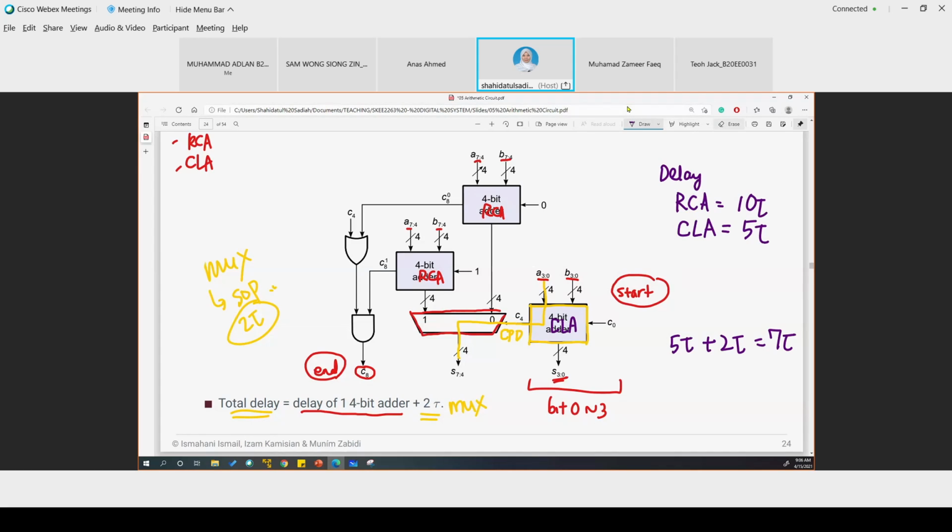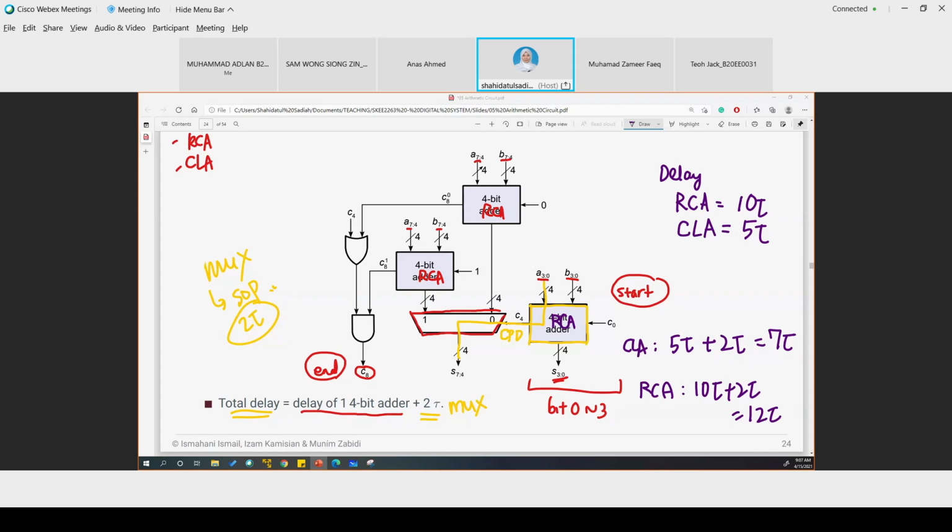If this is RCA, for example, then you will calculate it as 10 tau plus 2 tau. That is 12 tau. Carry select adder, that's all. Not that hard to understand.